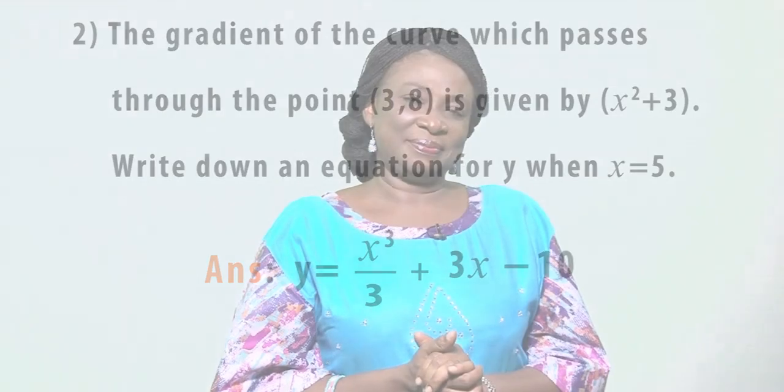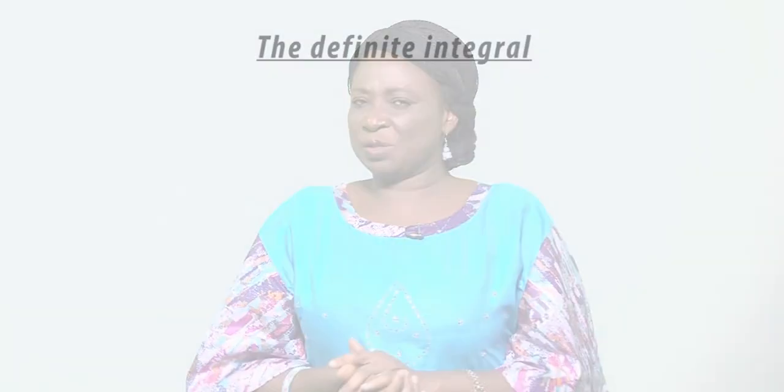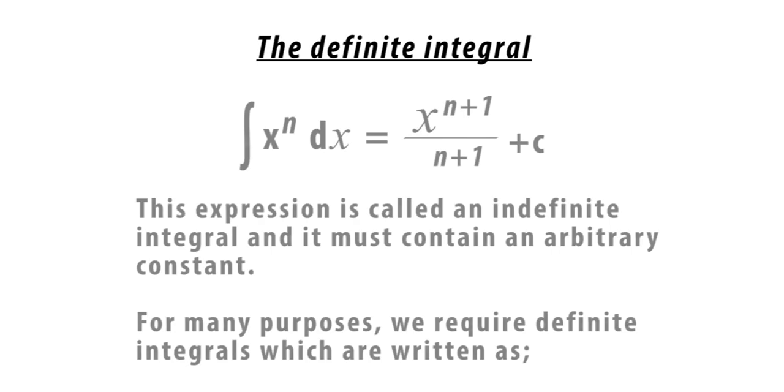Good. Let us move on to definite integrals. We said for indefinite integrals, we will include the constant c. What do we do when we get situations where we have a definite integral?